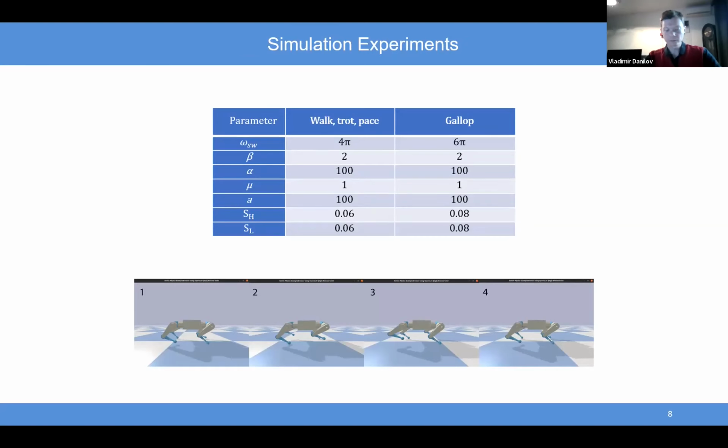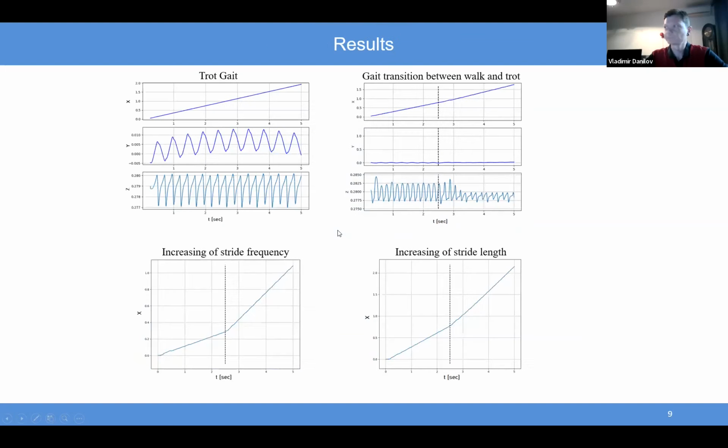Now I would tell you about simulation experiments. All of them were made in PyBullet physical engine, and the conditions of the experiments are shown here on this table. Here you can see plots obtained after different walking modes.